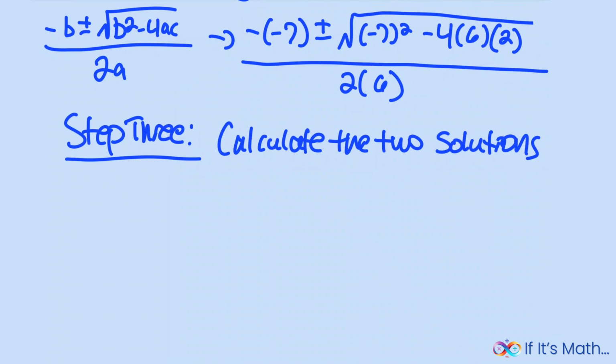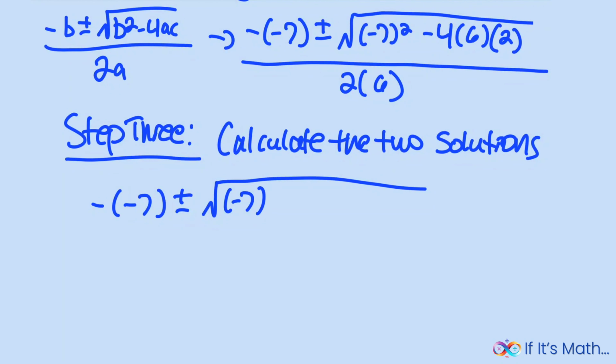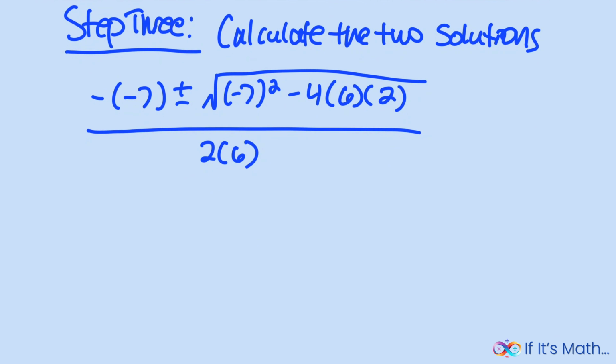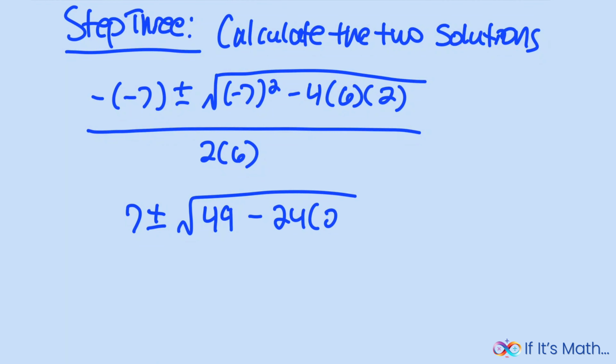So we'll rewrite it just to give us more space. So we have negative 7 plus and minus the square root of negative 7 squared minus 4 times 6 times 2, all of that over 2 times 6. So that'll give us 7 plus and minus the square root of 49 minus 24 times 2, all over 12.